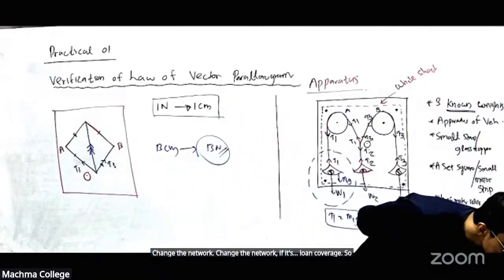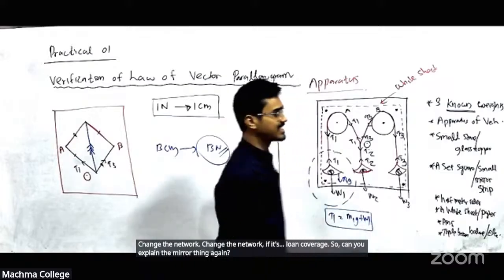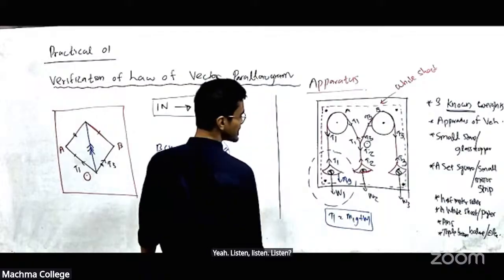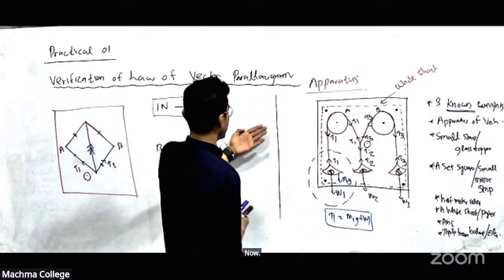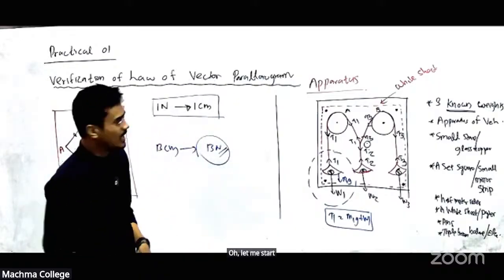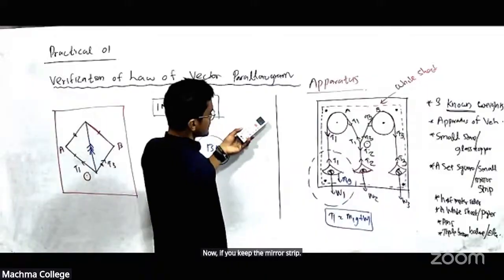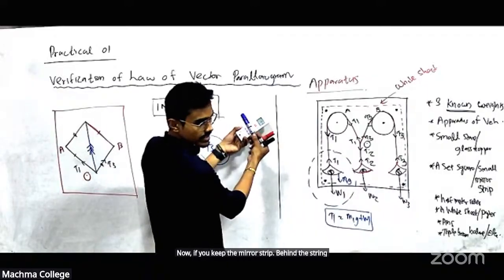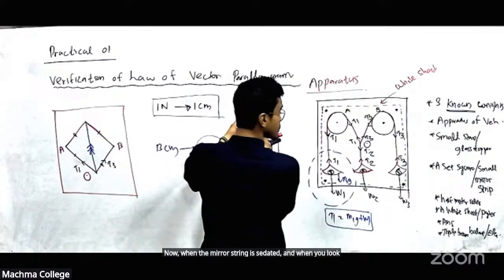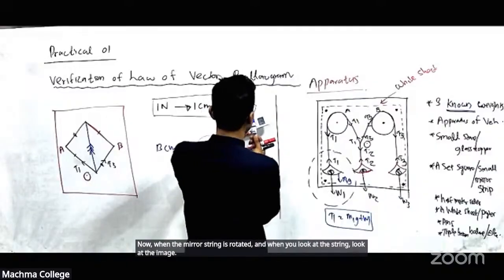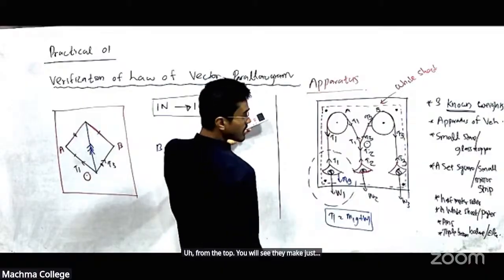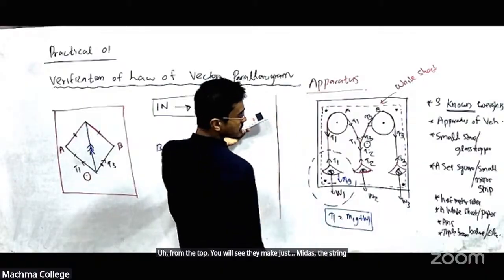So can you explain the mirror thing again? Yeah. Listen. Now, if we keep the mirror strip, let's assume this as the mirror strip, behind the string, like this. When the mirror strip is rotated and you look at the image from the top, you will see the image of the string on the mirror strip.